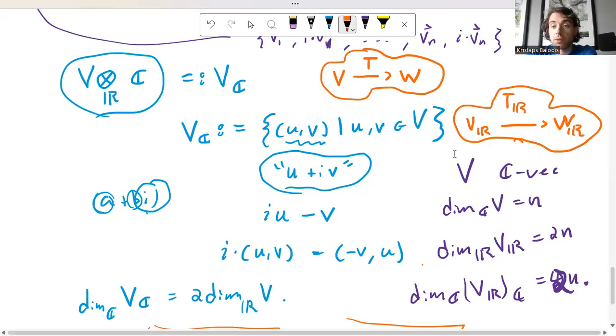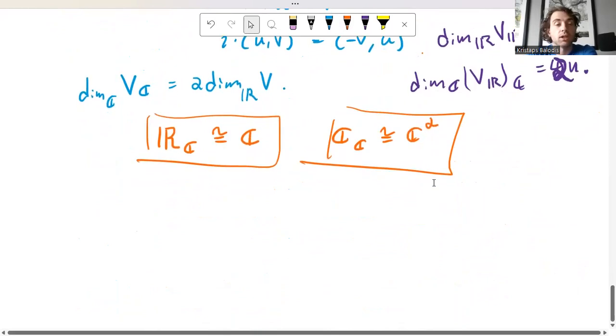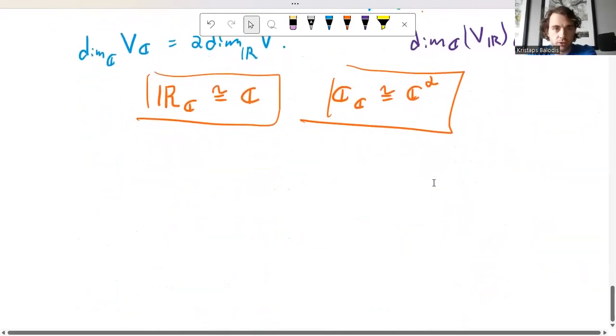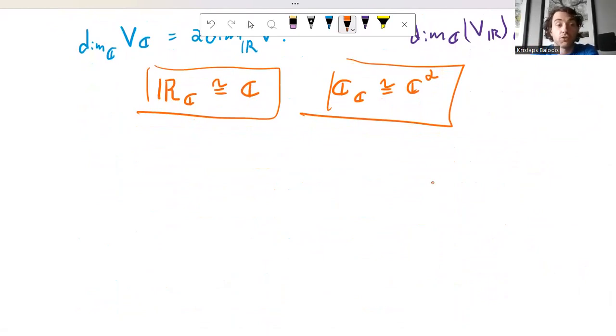And same thing with complexification. If you started with a real linear transformation, complexification gives you a complex linear transformation. And the fancy way to package together all of those nice things is that this process is functorial.